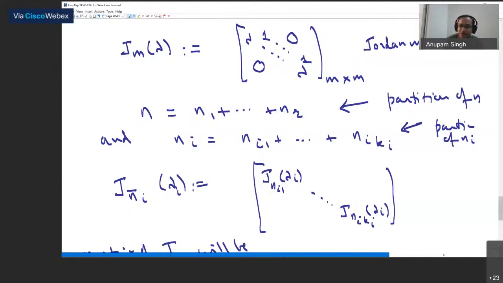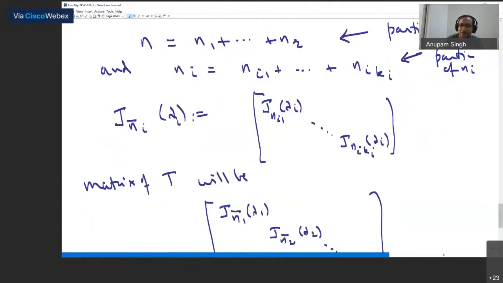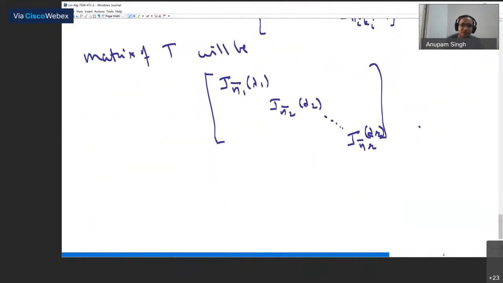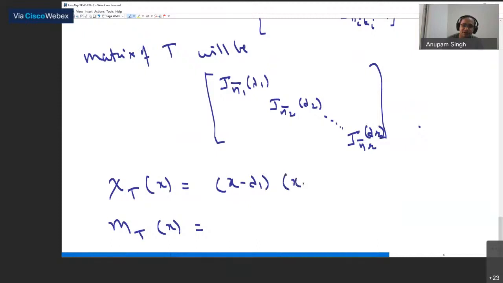In fact, these n1, n2, nr you can see in the characteristic polynomial itself. So if you look at the characteristic polynomial of T, and let's say this is the minimal polynomial of T, this will be x minus lambda 1 to some power, x minus lambda 2 to some power, up to x minus lambda r. So what will be these powers? That should reflect what we have got above.